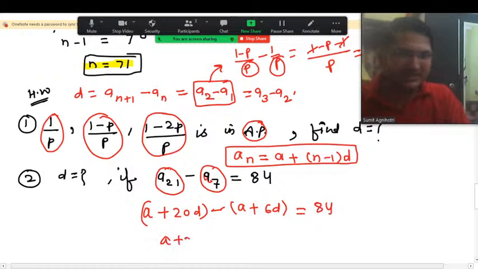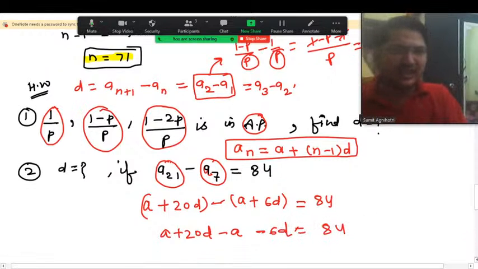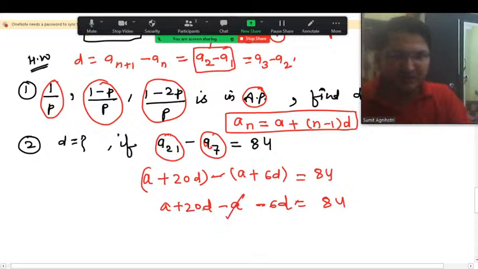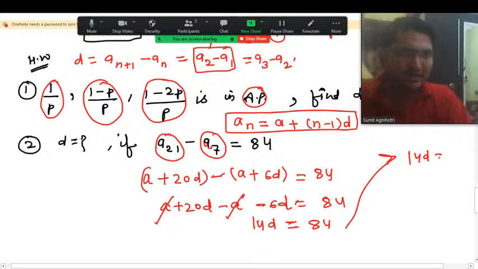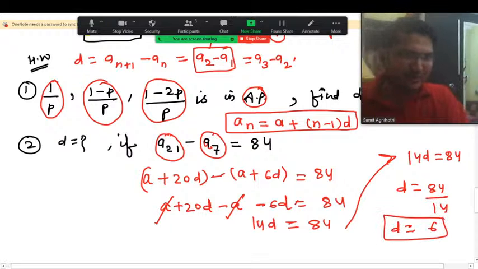It is so easy to solve now because it is going to be a linear equation from here onwards. If you solve it, you will be able to cancel out a, and you get 14d on the LHS, and 84 is here on the RHS. Further, you divide both sides by 14, and your answer is going to be 6, because 14 times 6 is 84.